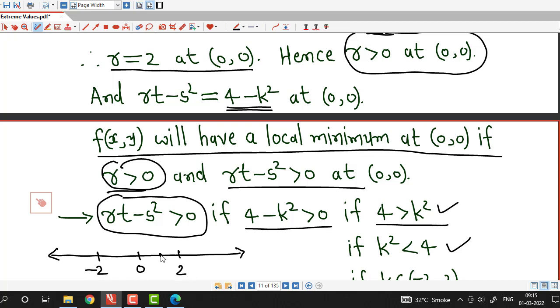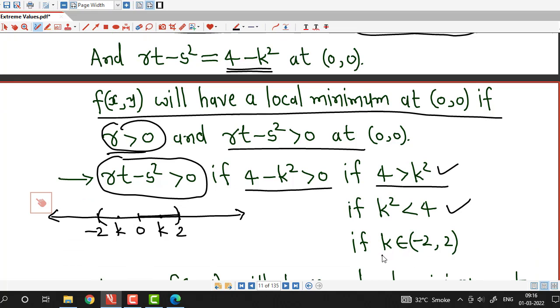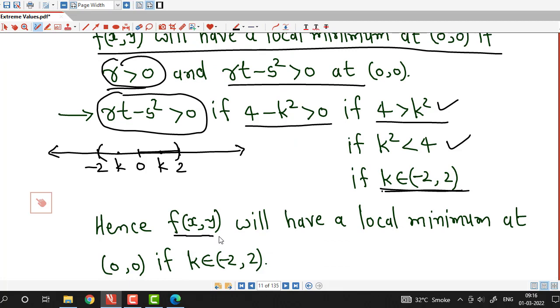If we consider k here or here, then k square will be always less than 4. So here we have written this condition rt minus s square greater than 0 is satisfied if k lies in the open interval minus 2 to 2. Hence f(x,y) will have a local minimum at 0 0 if k belongs to open interval minus 2 to 2.